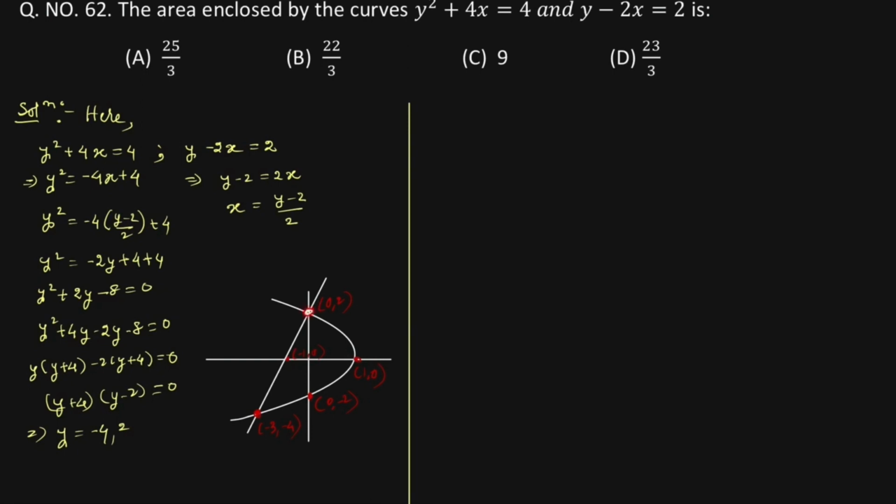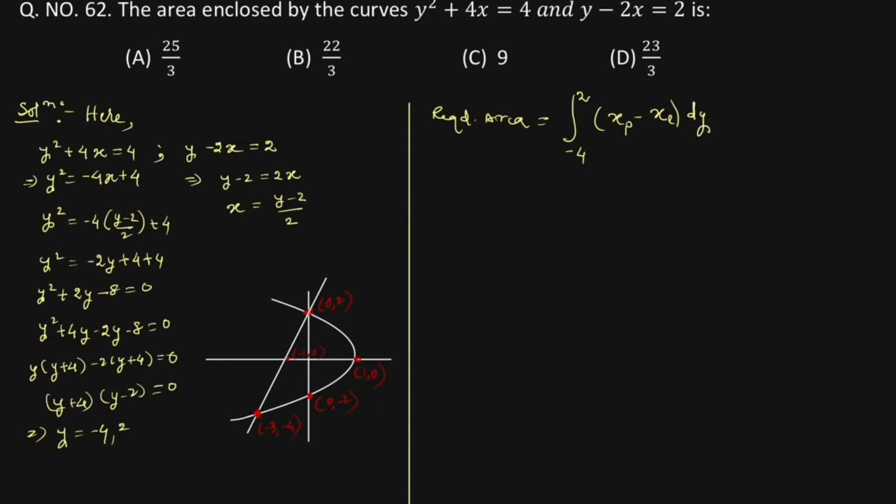After finding the intersecting points of the line and curve, we are going to find the area enclosed by the curve and the line. Required area is equal to the integration from minus 4 to 2 of the equation of the parabola in terms of y minus the equation of the line in terms of y, whole dy.